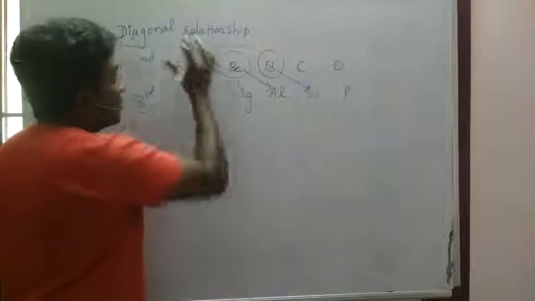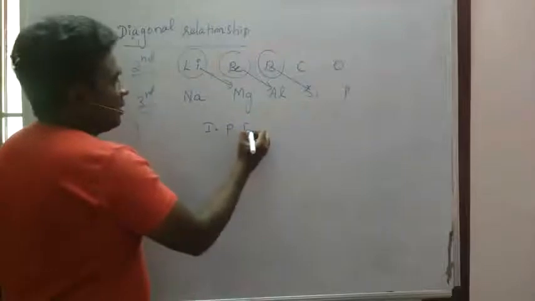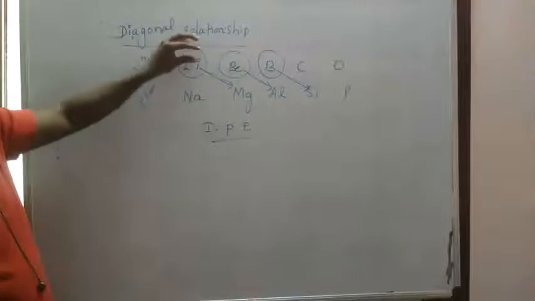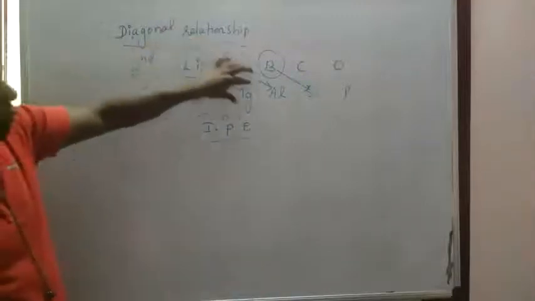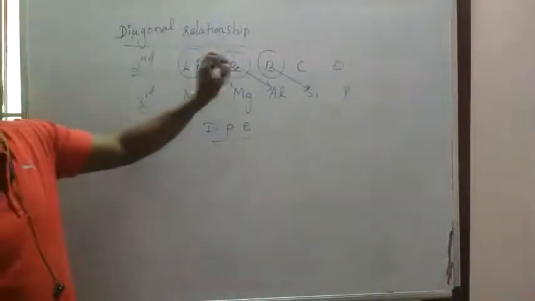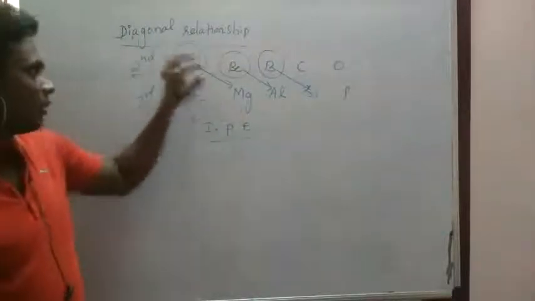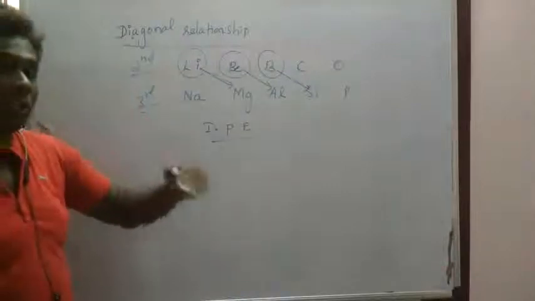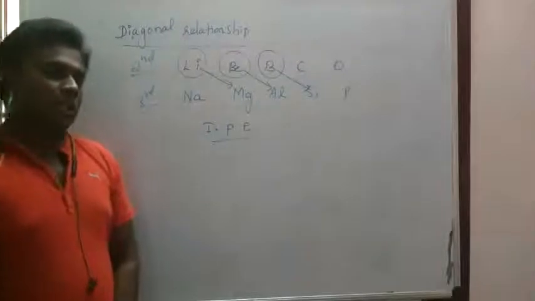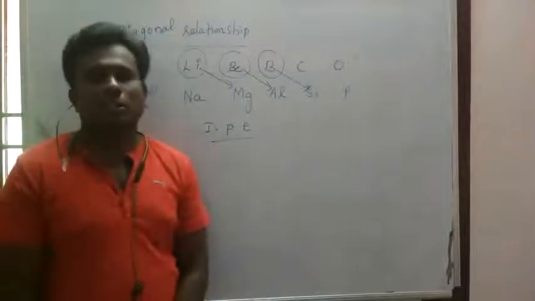For now, just understand what diagonal relationship means. The properties of lithium and magnesium will be almost equal diagonally. That's why it is called a diagonal relationship. Guys, this is about the diagonal relationship and the period.